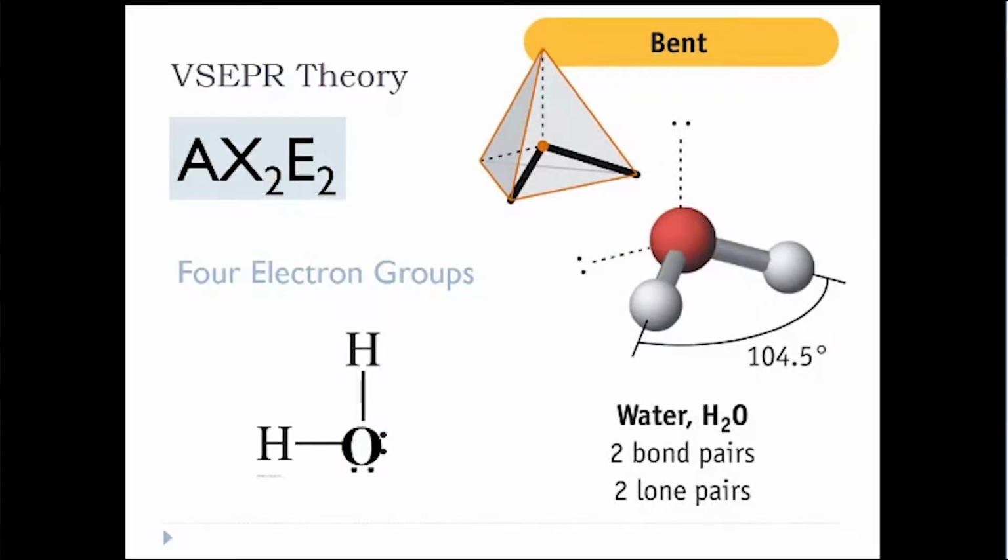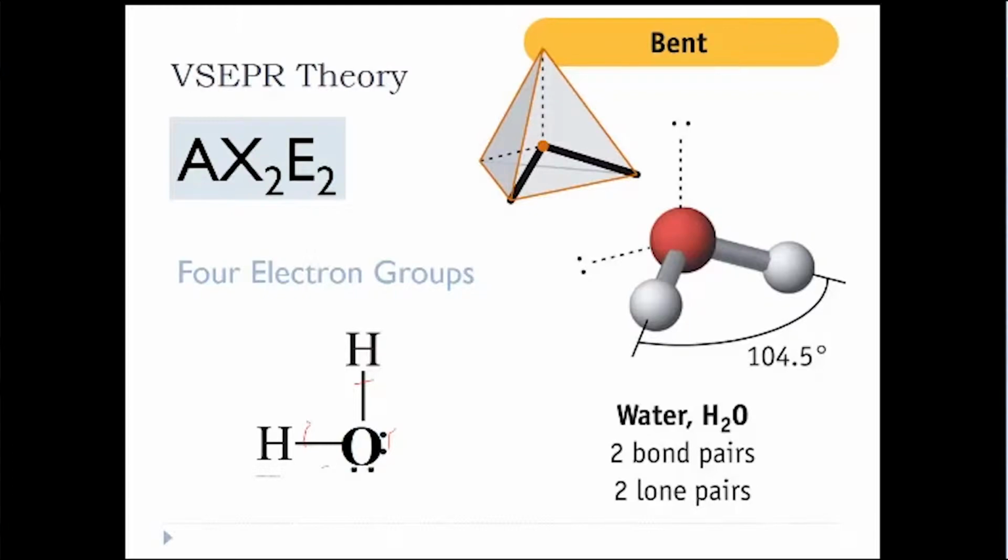What about the water molecule? If you're looking at the Lewis structure for the water molecule, we see that oxygen, the central atom, has 2 bonded atoms to it, 2 hydrogens, and 2 lone pairs of electrons. So that means that our VSEPR designation is AX2E2.